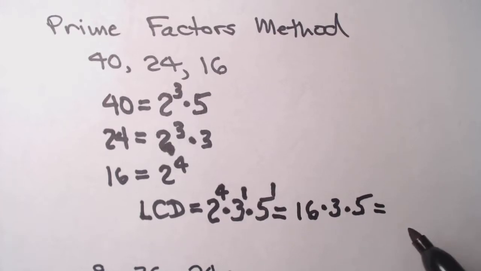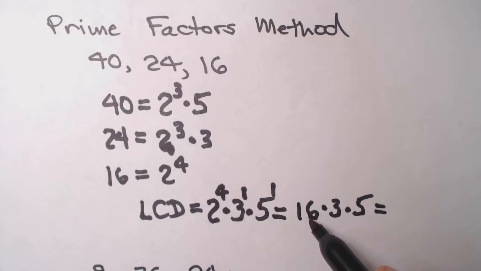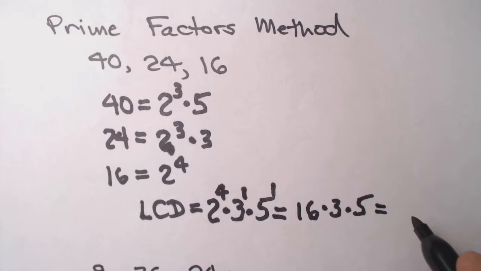Well, let's see what we get. Remember, you can multiply in any order you want. So I'm going to take 5 times 16 first, which will give me, let's see, I think that's 80. And then 80 times 3 would be 240.